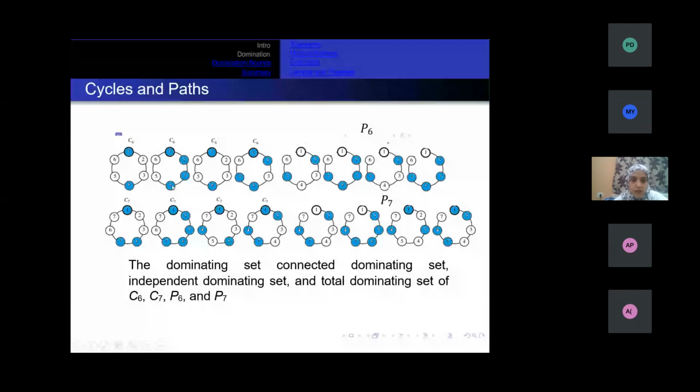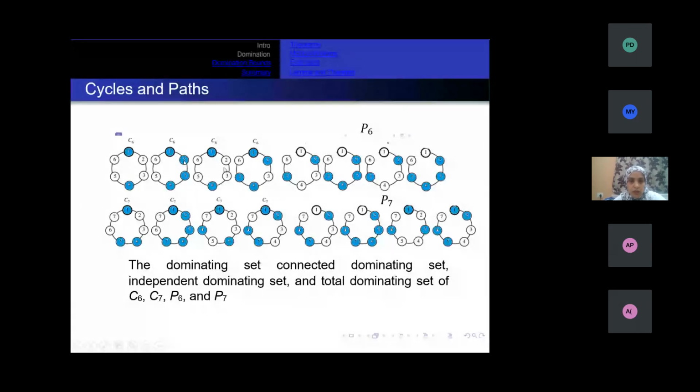Since we have to make it a total dominating set, we have to consider 2 as well as 3 in the dominating set. So 1, 2, 3, 4 makes a total dominating set.